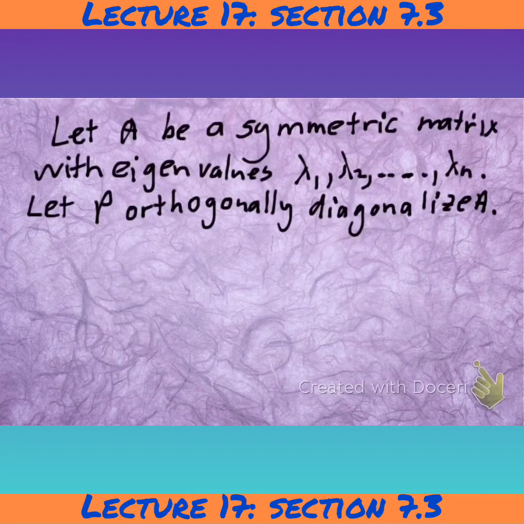So let A be a symmetric matrix with eigenvalues lambda 1 till lambda n, and let P orthogonally diagonalize A. Right, so what we do is we create a new variable, or change a variable.